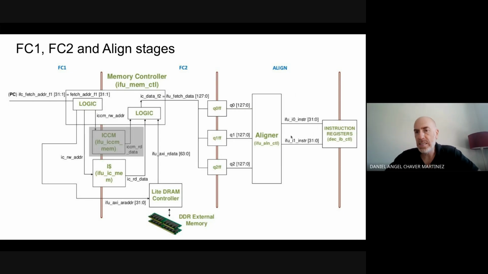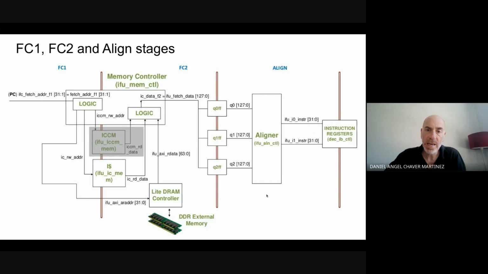We know that this is probably not the case in real workloads because there are many stalls for different reasons, cache misses or hazards or many other situations that will not allow us to achieve the ideal throughput of two instructions per cycle. But the front end is responsible for providing up to two instructions per cycle.